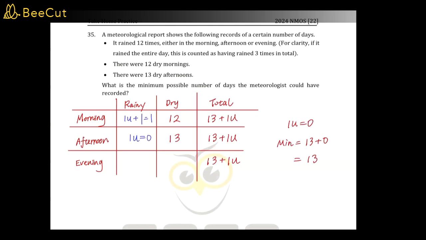This equals to 0. It says it rained 12 times. There's 1 plus 0 plus 11. So total is 12. Okay, it rained 12 times. Then this is 2. This all equals to 13.